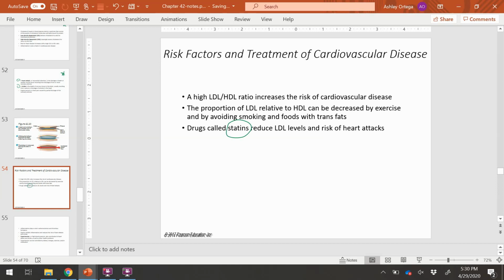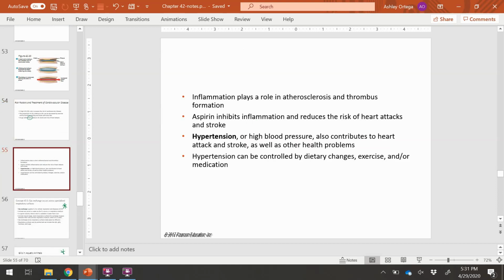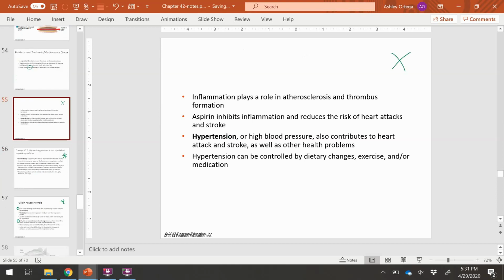There are other medications for cholesterol as well that work in slightly different ways. But the statin class has been around for a very long time and is efficient at reducing LDL levels. Other aspects are shown here of hypertension, and the use of aspirin is also shown here, but again, nothing that you need to try to memorize there.